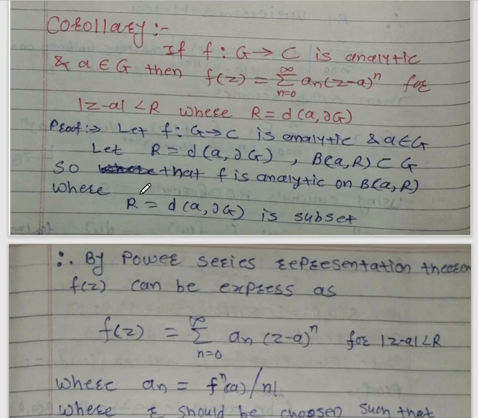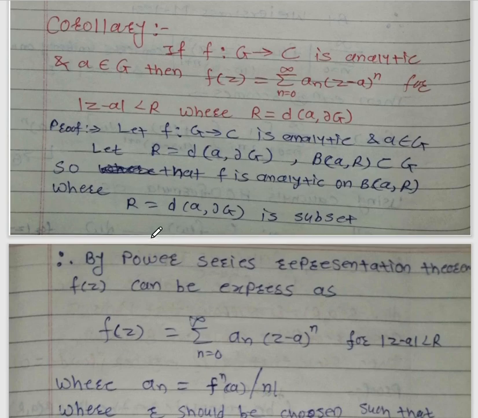So what is given? Here f from G to C is analytic and a belongs to G is any point in the region G, and r equals the distance of a from del G, so the ball whose center is a and radius r is contained in the region G. Therefore f is analytic on the open circle with center a and radius r.